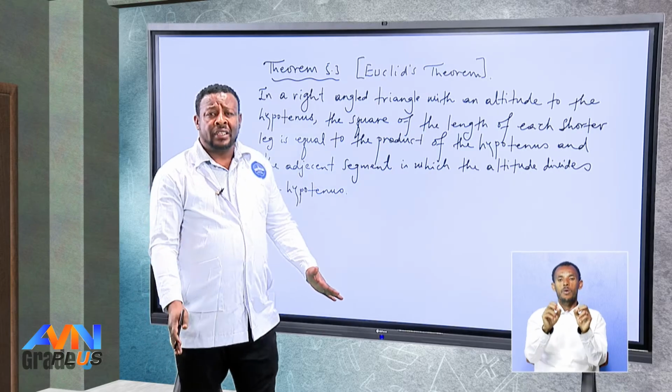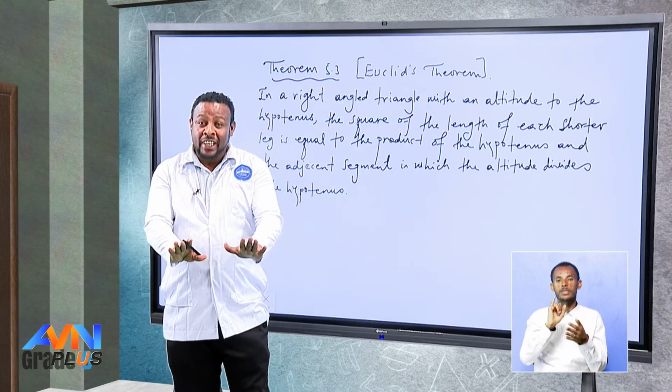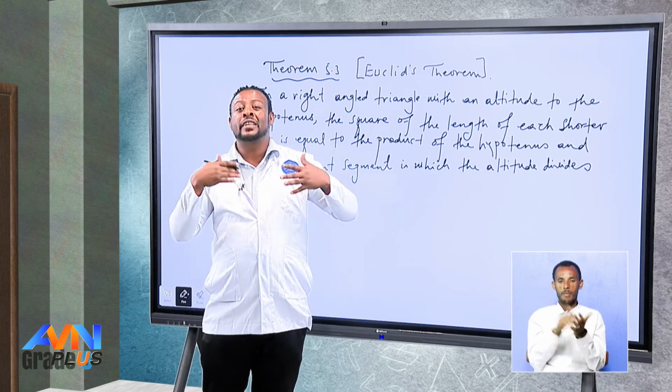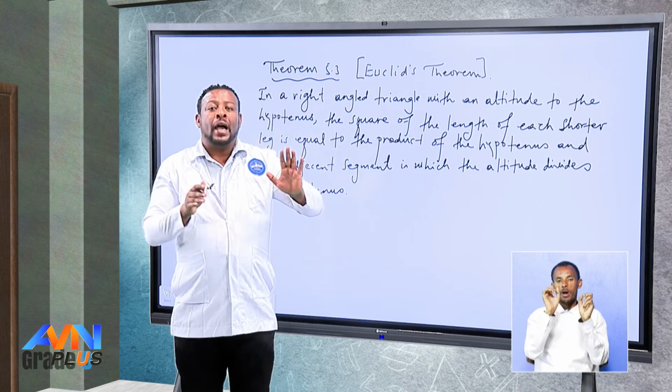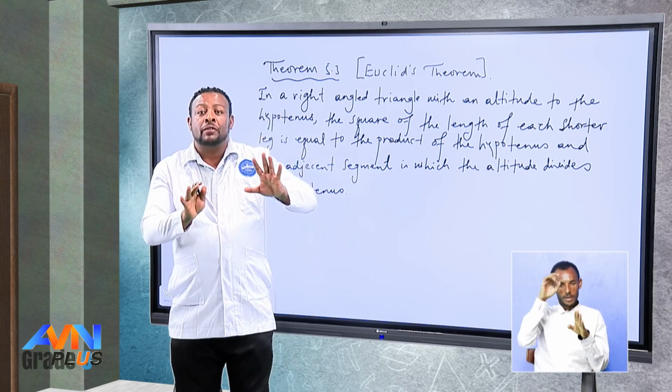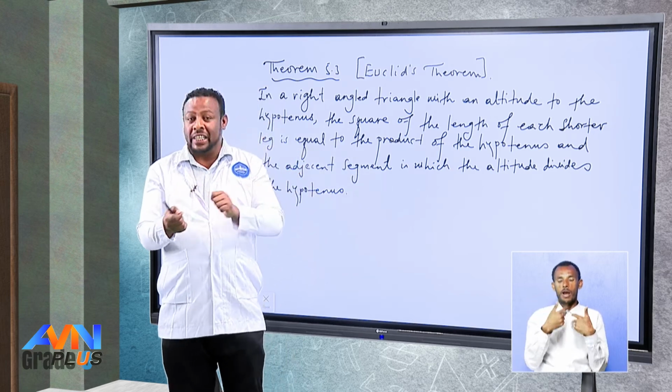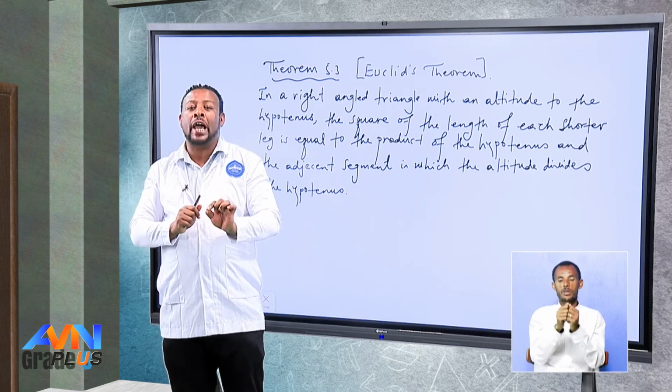This theorem is a little bit lengthy, so I will repeat what Euclid's theorem is stating. First of all, we need to have a right-angled triangle with an altitude to the hypotenuse, right?